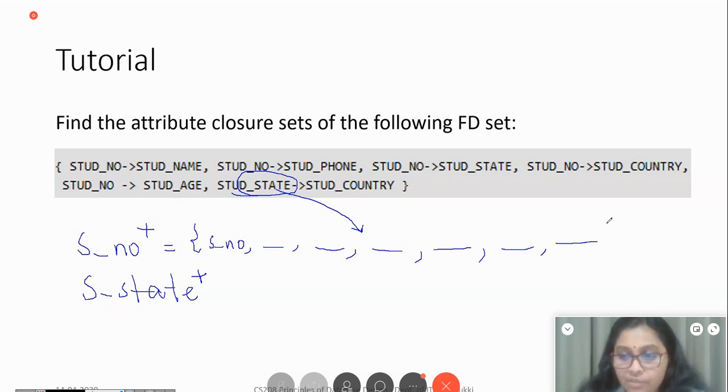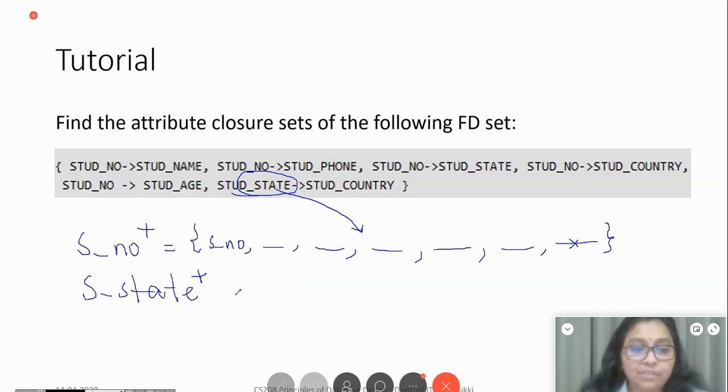Student country also will be forming part of the closure of S number. Okay, so you have student number, student name, student phone, student state, student country, student age, and then student country again. Here this is a duplication, isn't it? So you just take it off, because student country already appeared once.